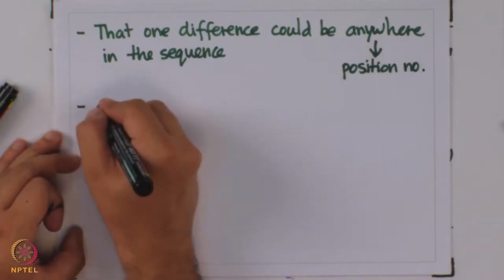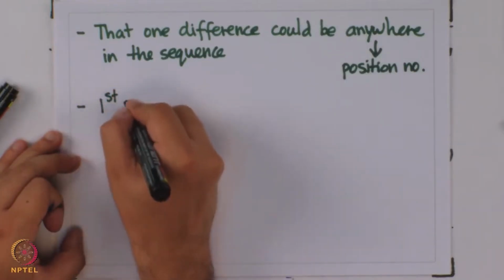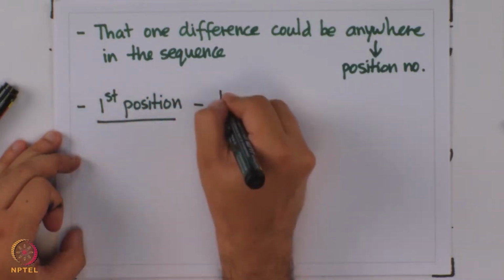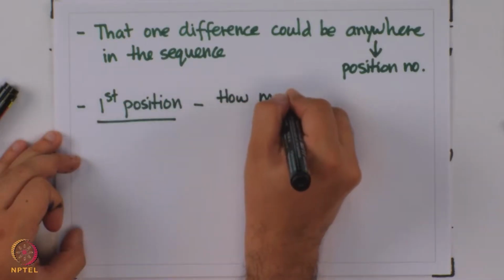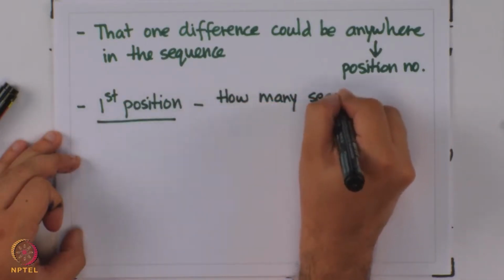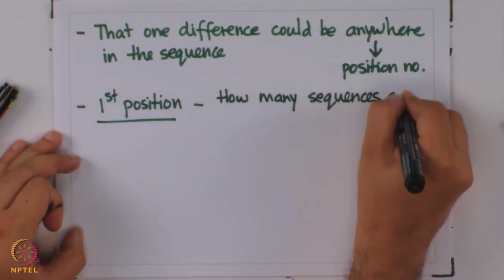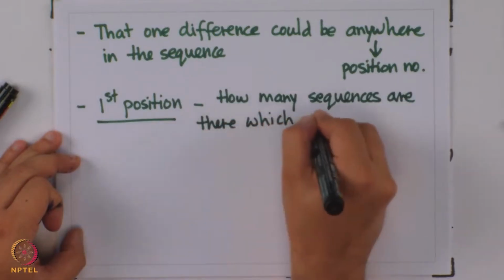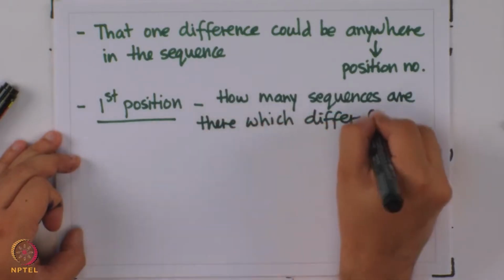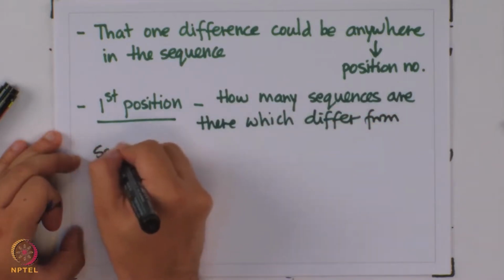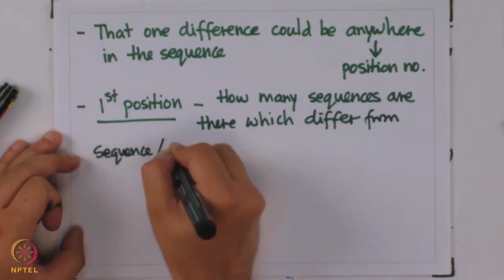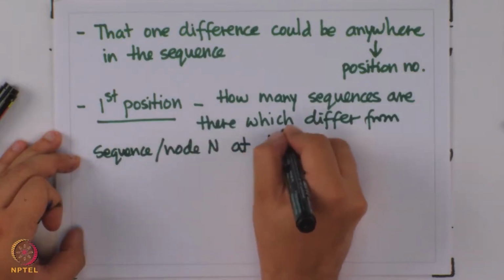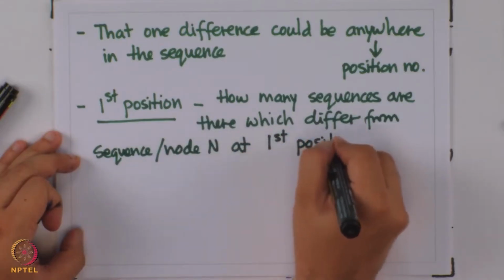If that difference is happening at the first position, then my question is, how many sequences are there which differ from sequence or node n at first position only.